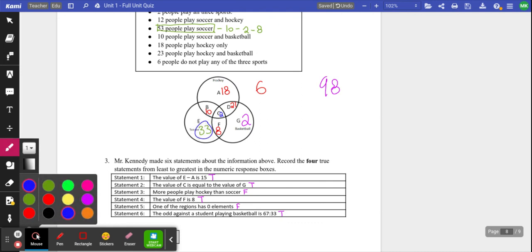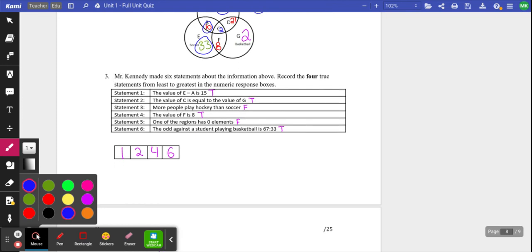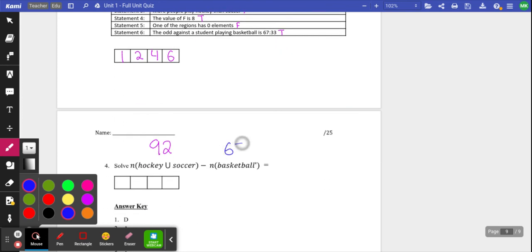These kids don't play basketball, the ones I've circled in blue. So you'd go 33 plus 10 is 43, plus 18 is 61, plus 6, there's 67 kids who don't play basketball. If you do 92 minus 67, you should get, I think, 25. But given how my mental math is going, I should probably add it up. It is 25. The answer is 25.